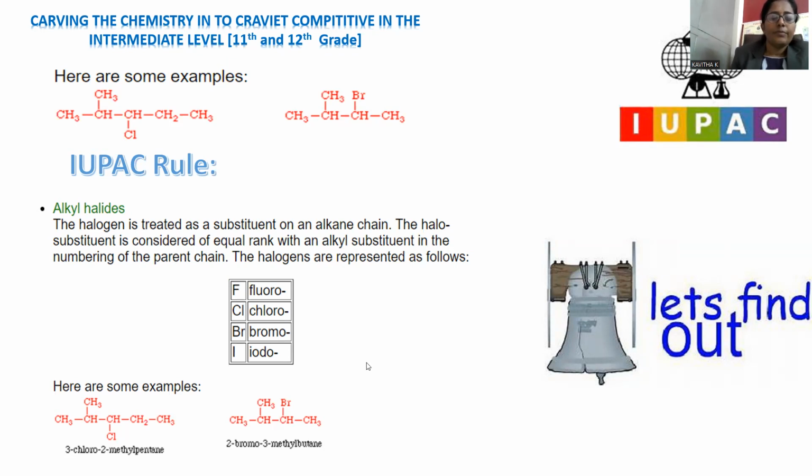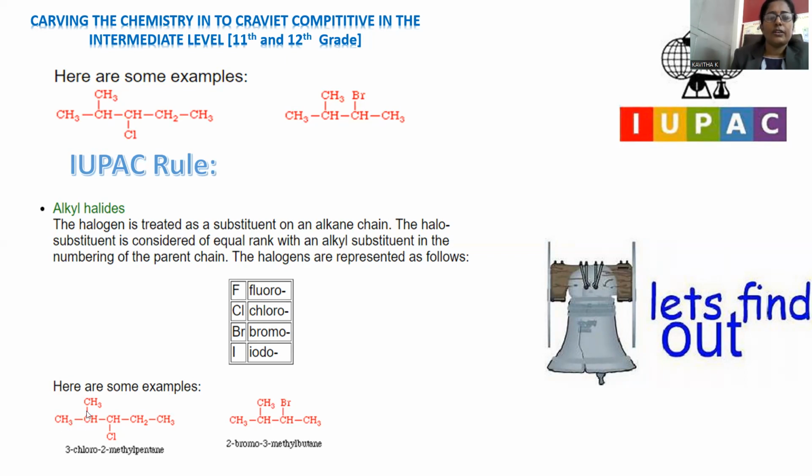If you see chloro, from this side chloro will be third, from this side also chloro will be third. We need to consider the second substituent as well, that is methyl. If you are considering from this side, it will be 4. If you are taking from this side, it will be 2 only. It is the shorter distance, so we will start numbering from this end.